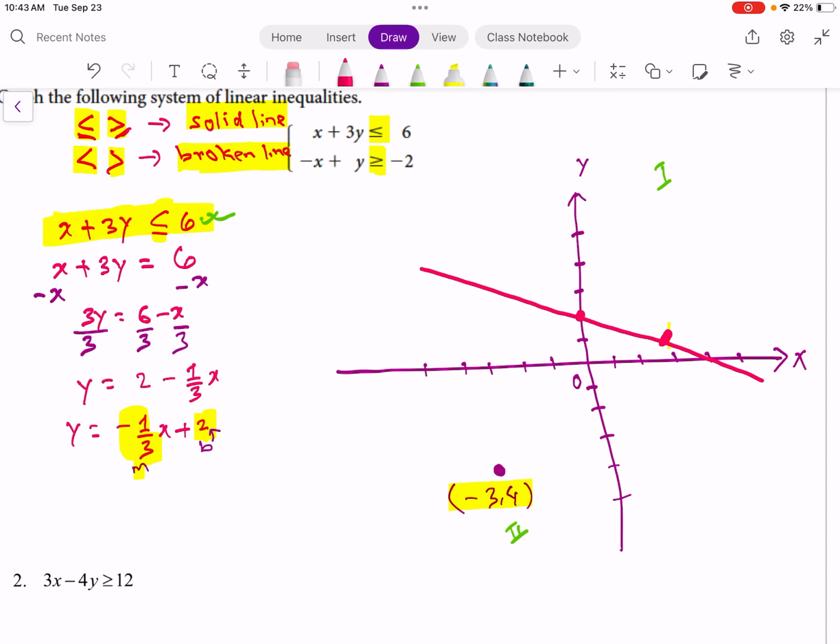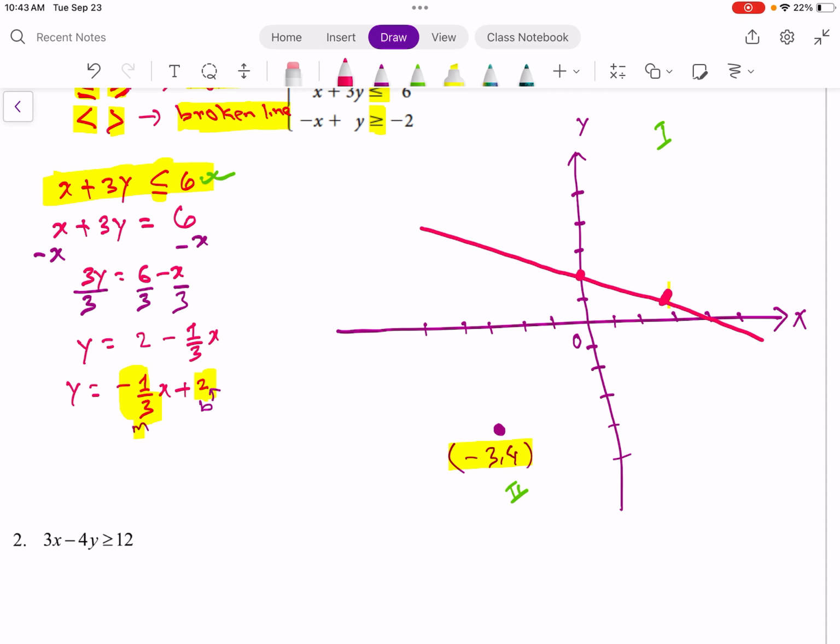Now, how do we check whether this point is a solution or not? So our inequality is x plus 3y less than equals to 6. Now how do we know negative 3, 4 is a solution for this inequality? We replace our x coordinate negative 3 for x and 4 for y.